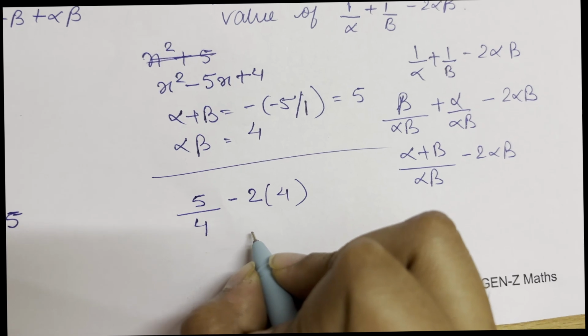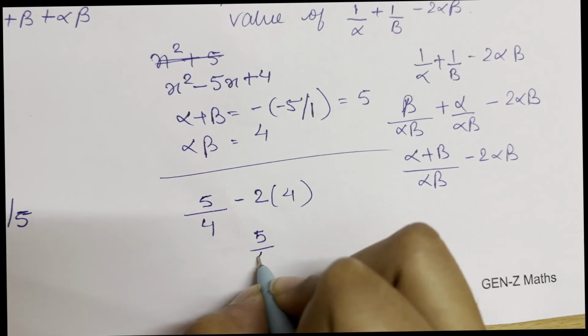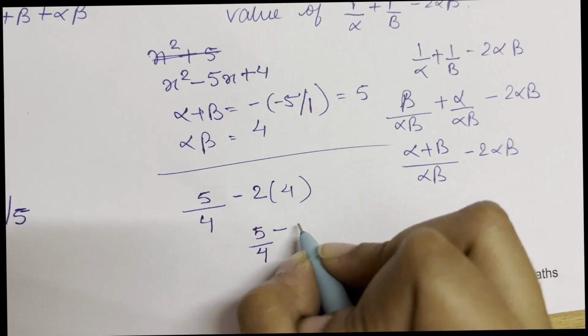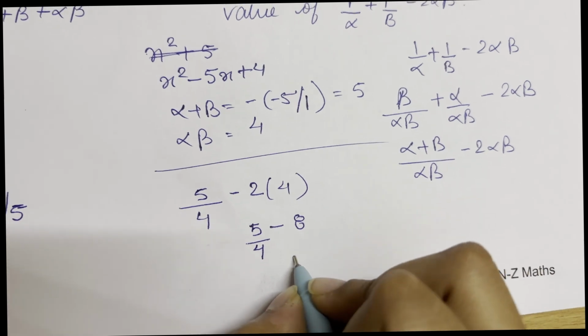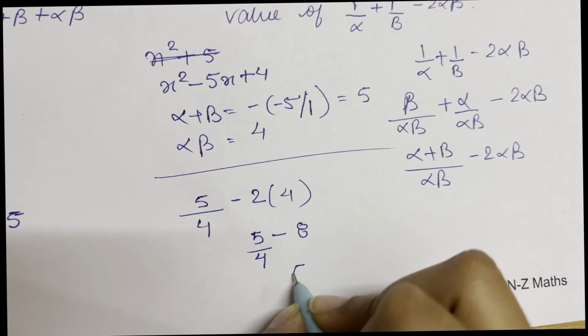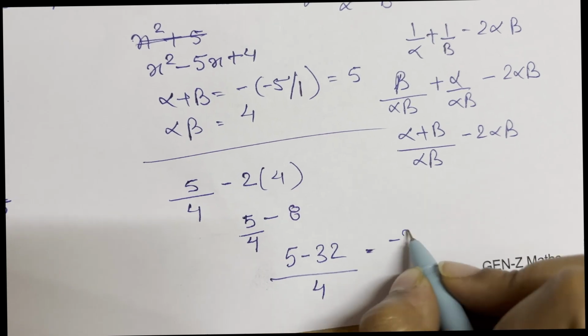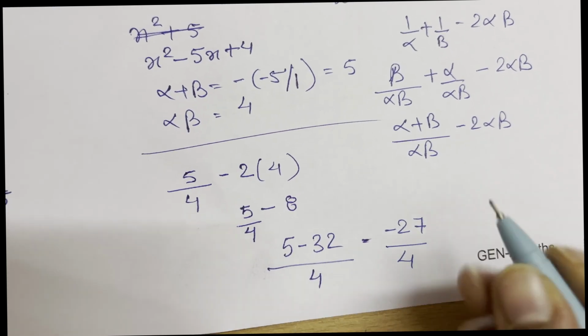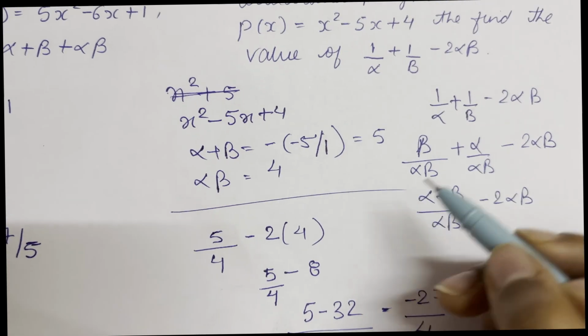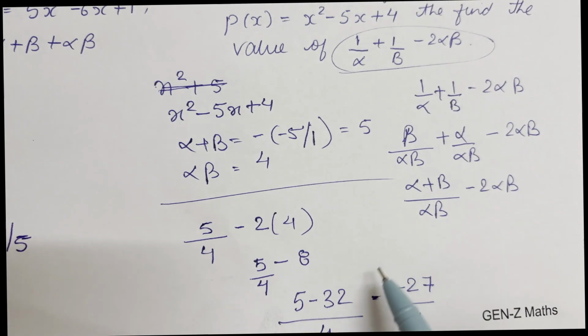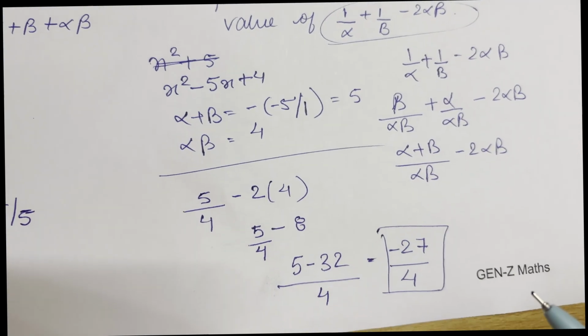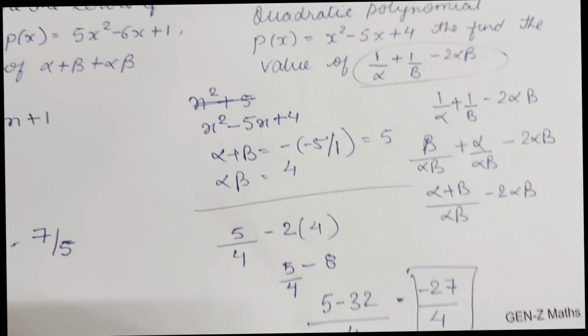So it is 5 by 4 minus 8, which is equal to 5 minus 32 upon 4, which is equal to minus 27 upon 4. That is the value of the expression asked in the question, that is minus 27 upon 4.